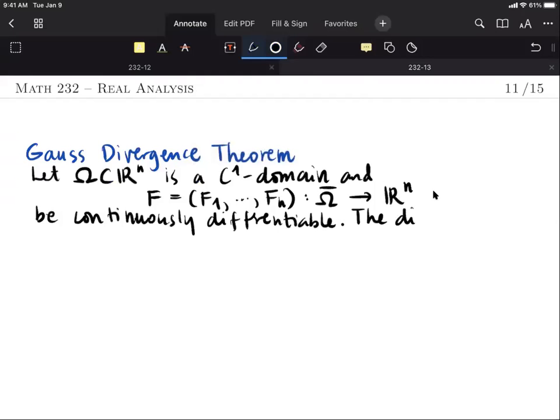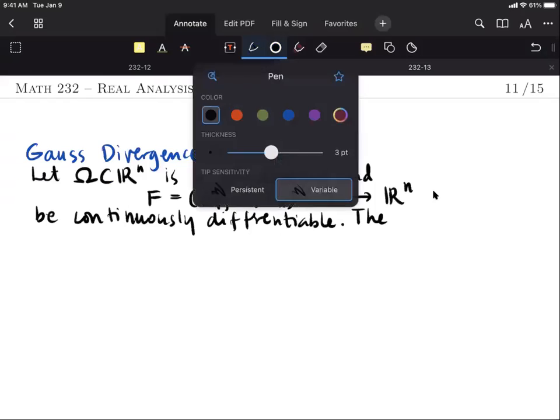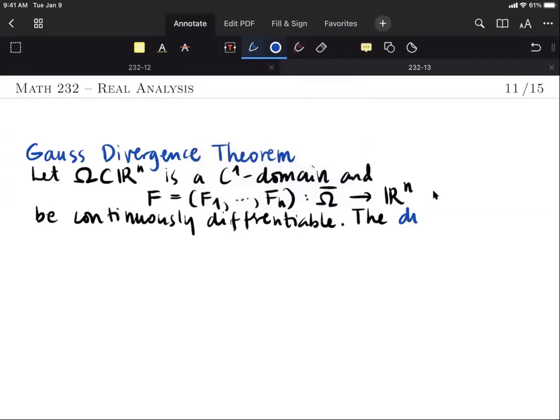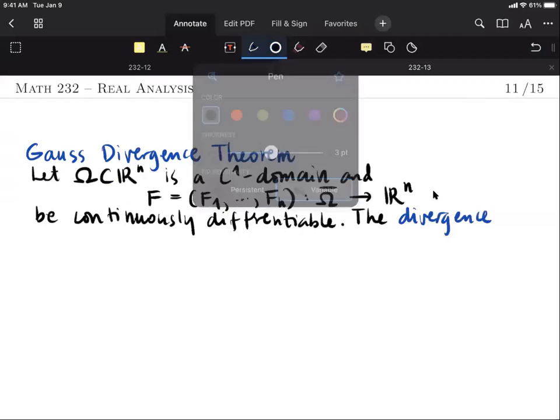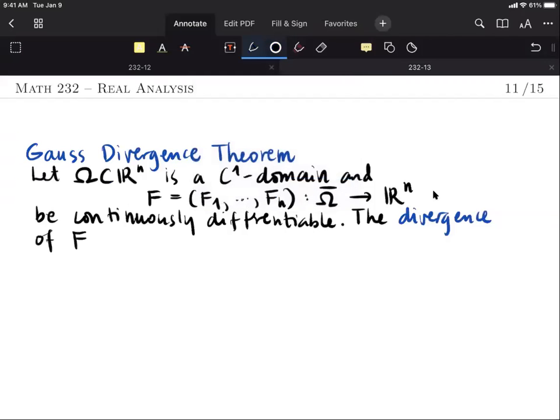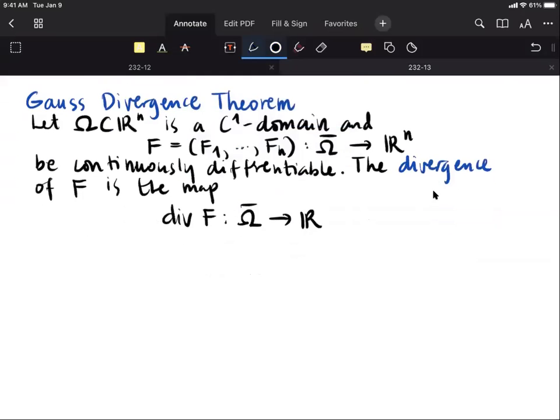So the divergence of your vector field F is the map from omega bar into R. So this is now a real valued function.